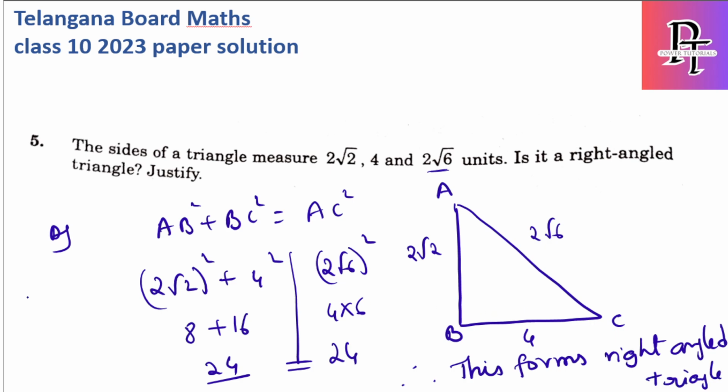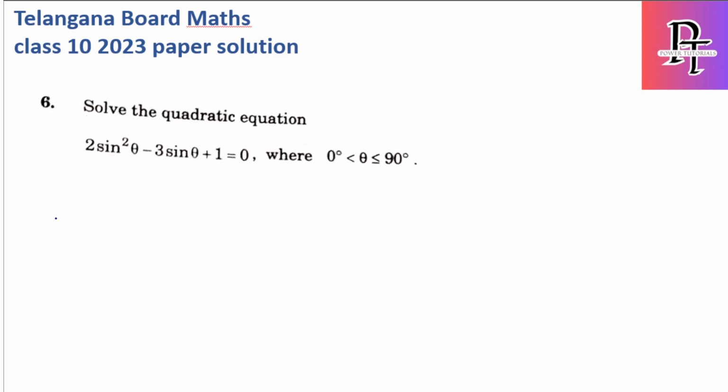Okay, this is easy. Let's see the last question of section 1, where they are asking to solve the quadratic equation 2 sine square theta minus 3 sine theta plus 1 is equal to 0. They haven't mentioned to use formula method or factors method, so I will go with factors method. I will replace 3 sine theta as minus 2 sine theta minus sine theta, plus 1, so that these 2 multiply, minus 2 into minus 1 is plus 2.